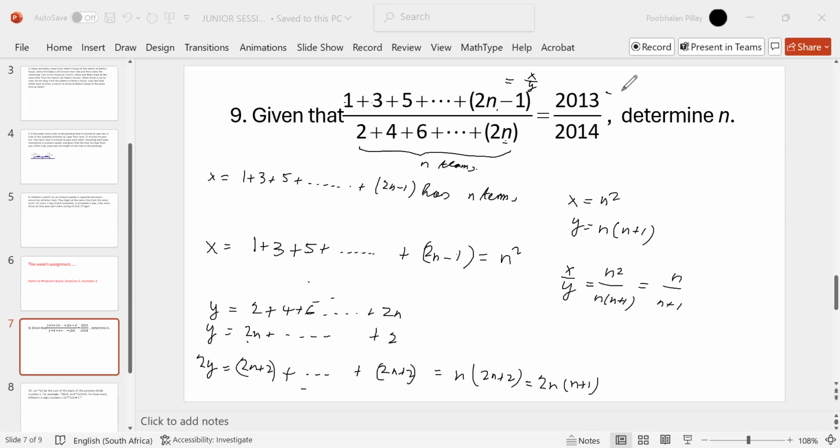So this thing here is n over n plus 1. So straight away you can see what n is, because the denominator is one more than that. Therefore n must be the numerator. So this is 2013 over 2014, and you can see by inspection that n is equal to 2013. So that was the problem there.